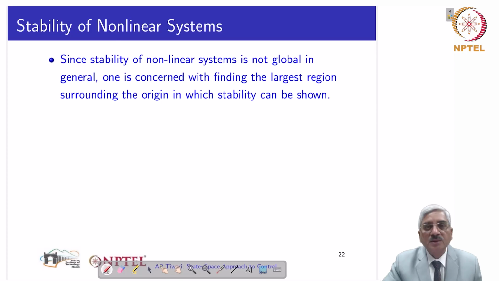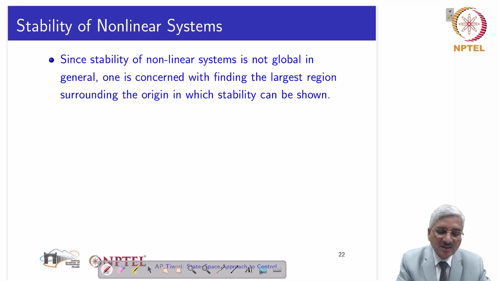Now we come to the nonlinear systems, the indirect method of Lyapunov for nonlinear systems. Here we don't have to choose the Lyapunov function in the beginning. We get to the Lyapunov function indirectly. So we have a given nonlinear system, and in general the nonlinear system stability is not global.